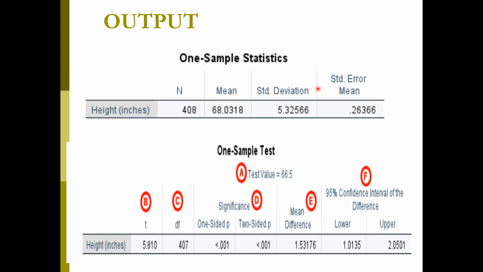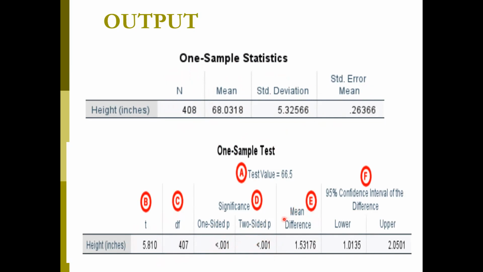How do we interpret this? First, this is a sample. This is the mean, standard deviation, and then the standard error. Again, we have a t-value, df, degree of freedom, a one sample p, which is telling you it is less than 0.001. The two sample is also less than 0.001.